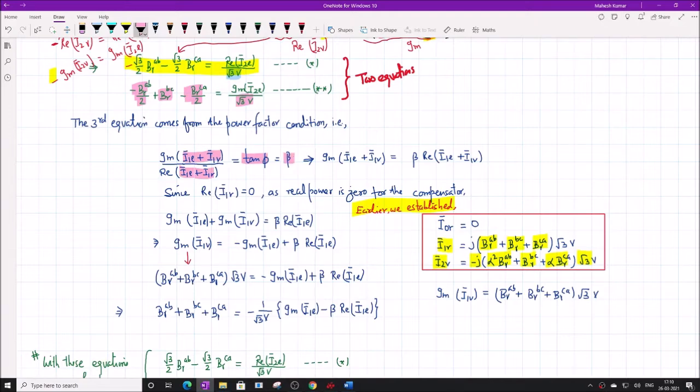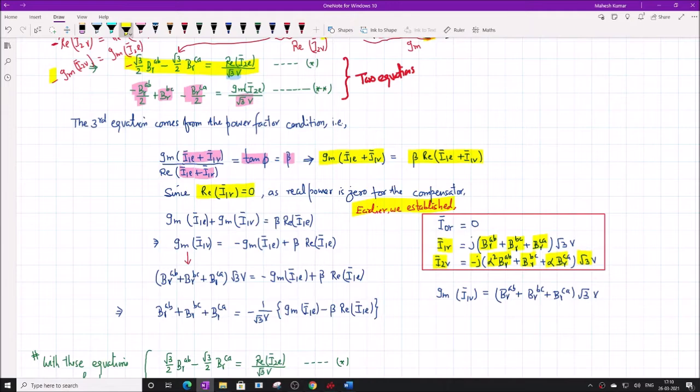So this implies that the imaginary of I1L plus I1 gamma must be equal to beta into the real of I1L plus I1 gamma. Fine. By the property, the compensator cannot have the real power. Therefore, the real component of I1 gamma must be equal to 0.